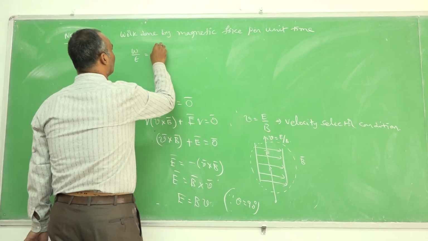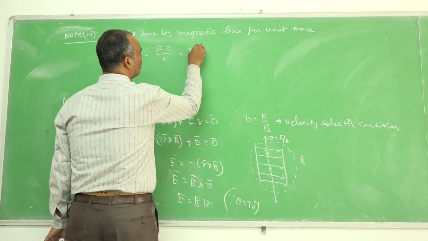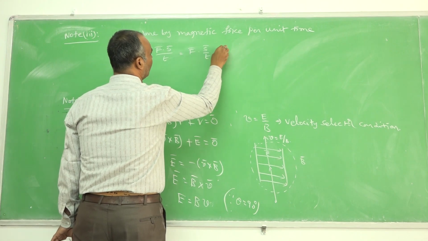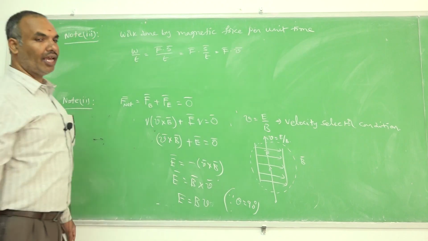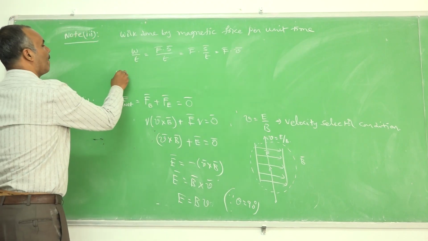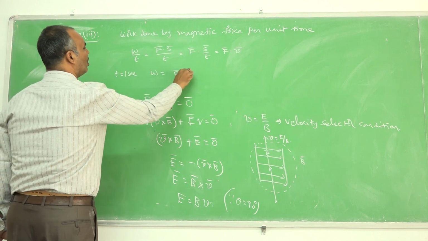Work done is nothing but F bar dot S bar, divided by T. It can be written as F bar dot S bar by T, F bar dot V bar. As time is 1 second, so W is equal to F bar dot V bar.